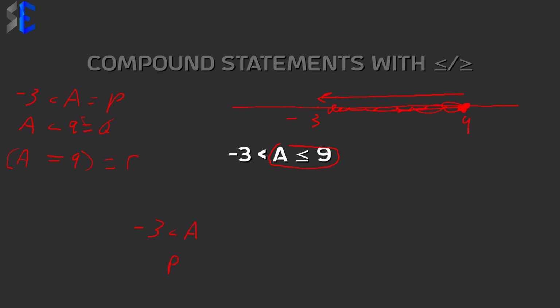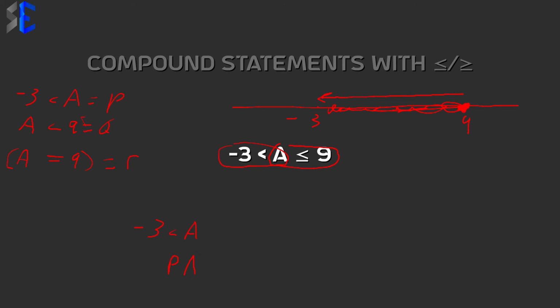So you have p. And since whether a is equal to 9 or less than 9 does not affect this term, what you do is you put an and, because a can also be equal to 9 and also fit in the statement that a is greater than -3.